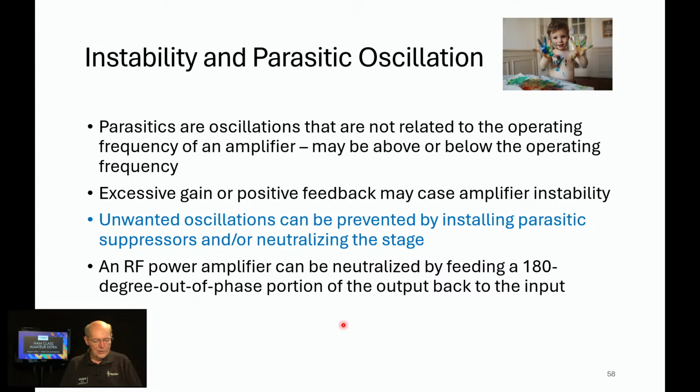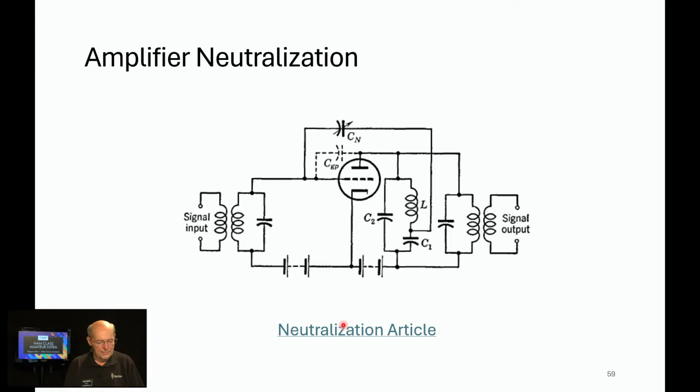And how do we neutralize something, you might be wondering? An RF power amplifier can be neutralized by feeding a 180-degree out-of-phase portion of the output back to the input. That would damp out the positive feedback that's trying to make it oscillate. So here's a diagram. Now here's a triode amplifier. We've got some amount of capacitance between the grid and the plate.